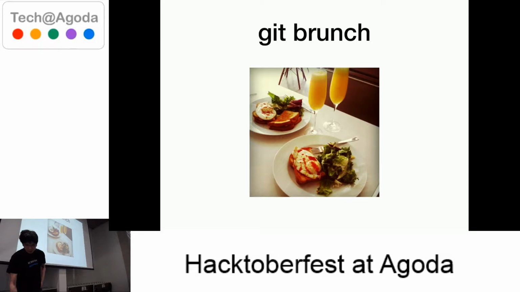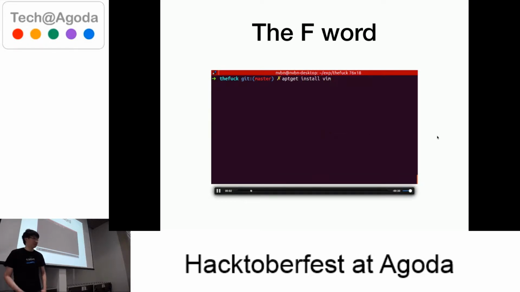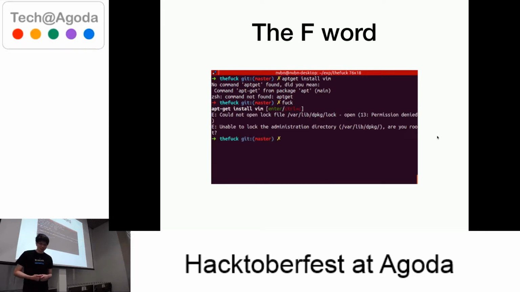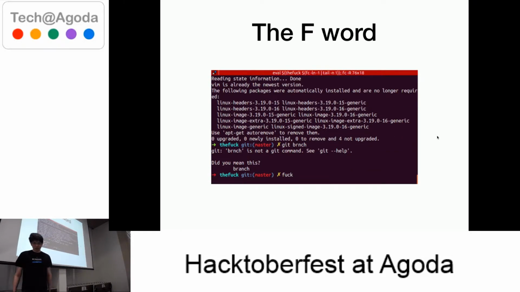So there's a command line tool that some good people out there made, which is called the F word. So when you type the F word on the shell, it automatically guesses the right command that you wanted to put, and corrects it for you.